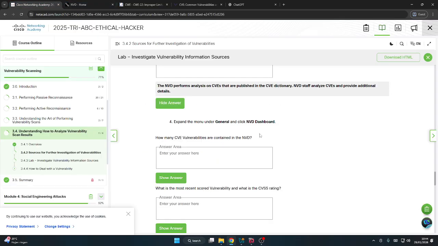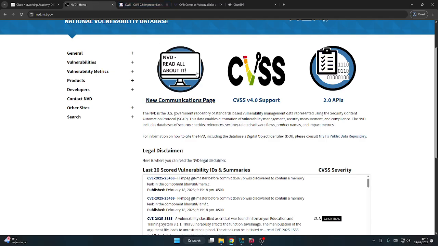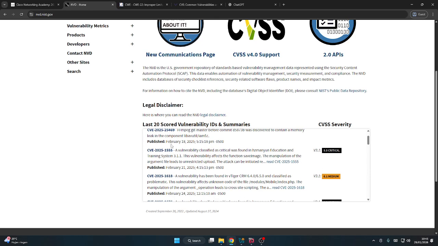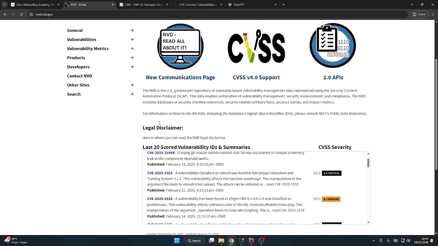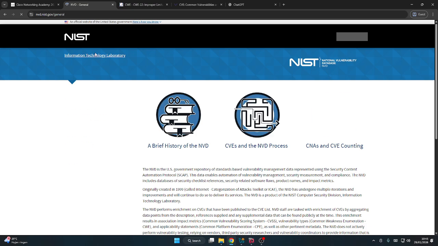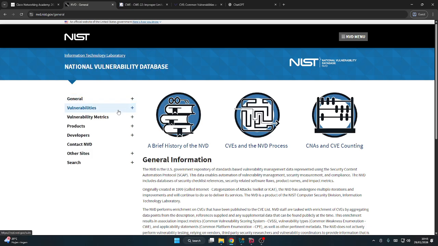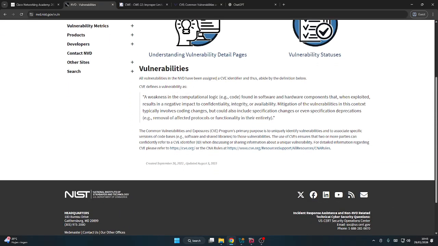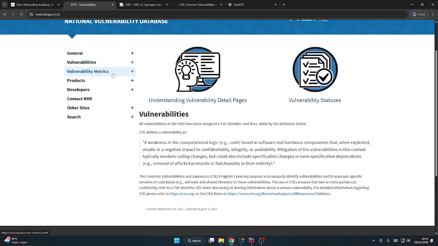How many CVE vulnerabilities are contained in the NVD? There is no information.